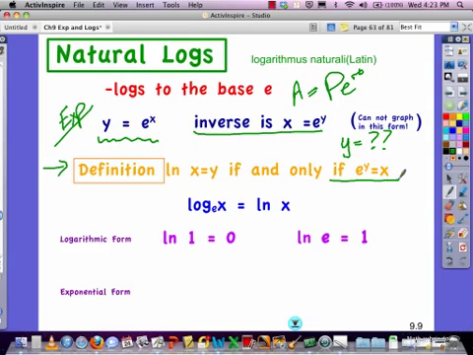And so that's why the L is in front of the N. But the natural log is for base e only. I cannot emphasize that enough. Base e only. So there's no way it can be base 2, no way it can be base 10, base e.